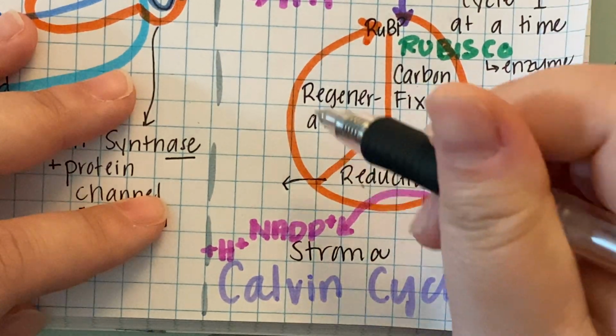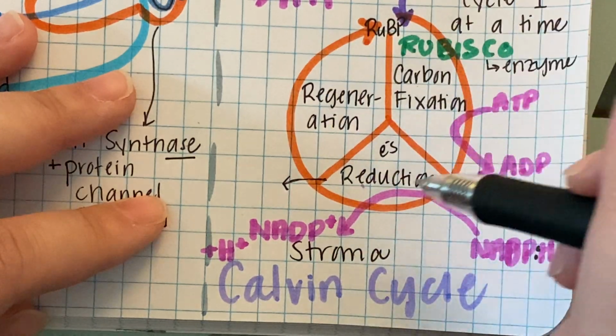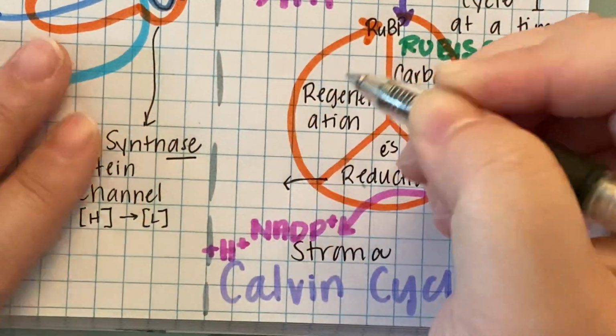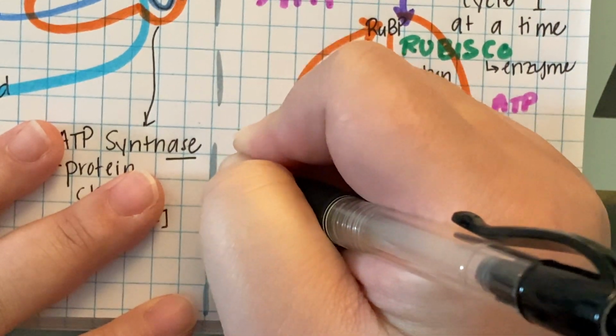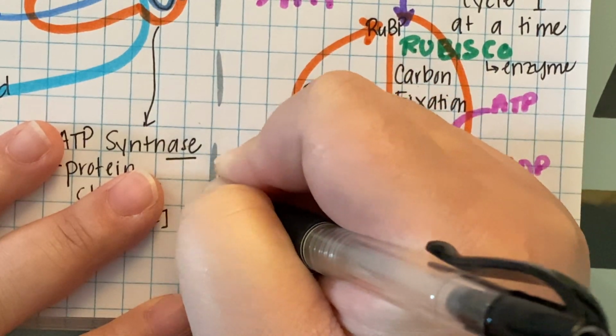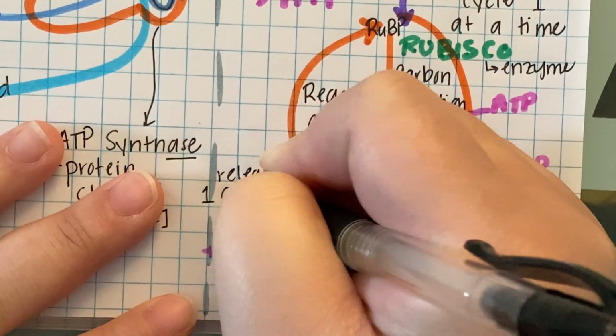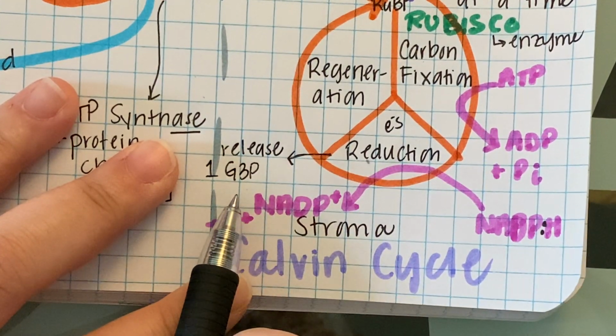For every 3 carbon dioxides that enter, so we go once around, twice around, 3 times around, you're going to release a 3 carbon molecule: 1 G3P. The 3 in G3P stands for the number of carbons in this molecule.